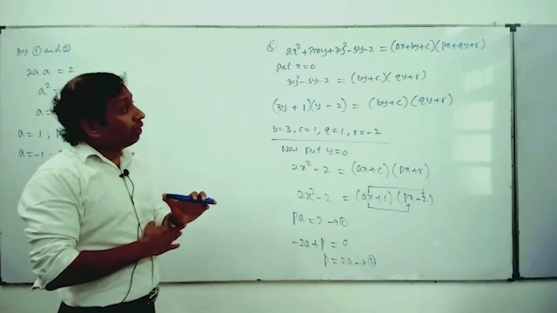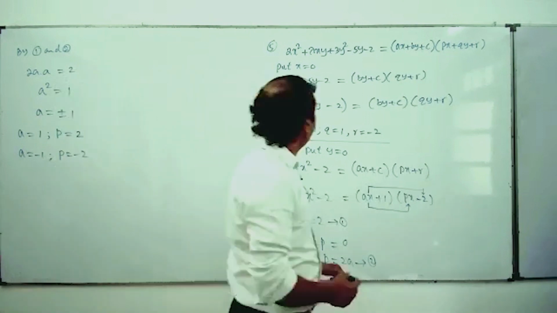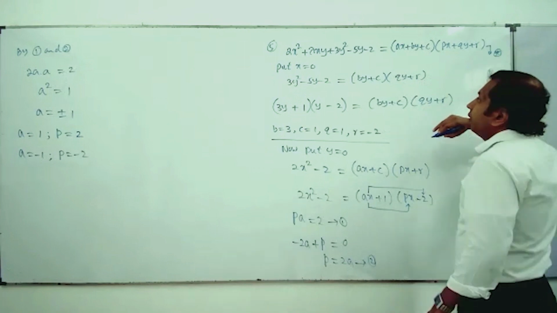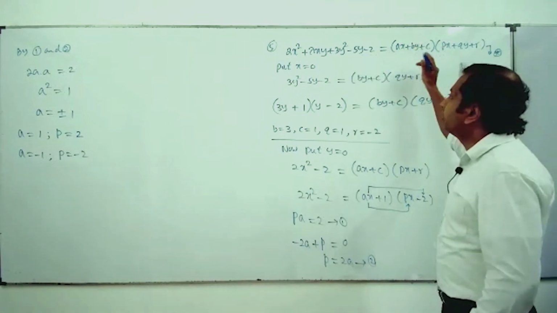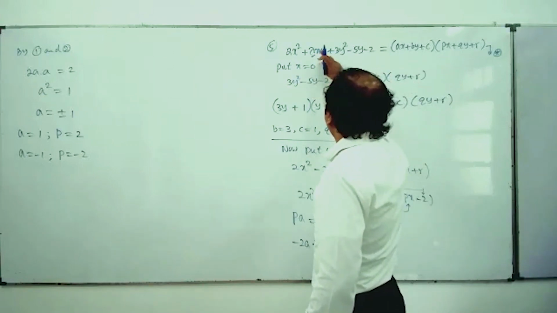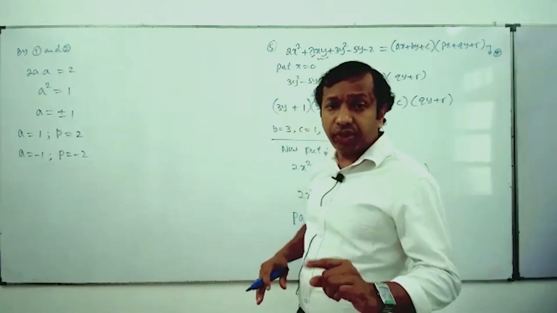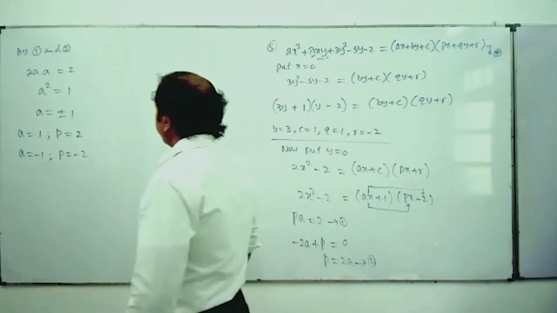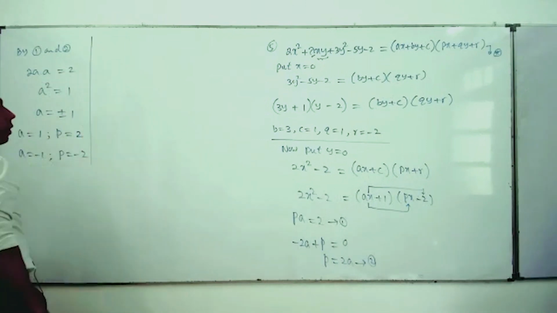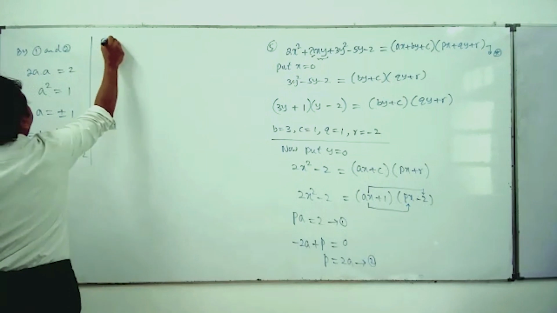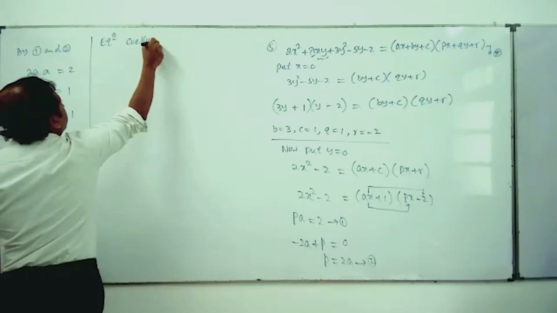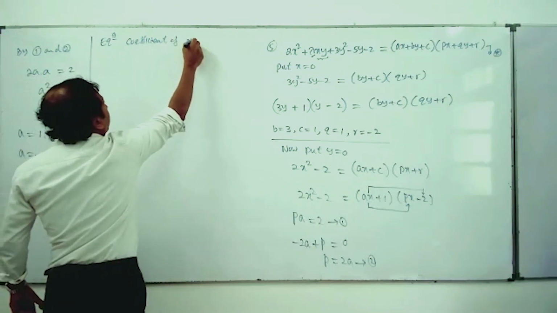But now we have to find lambda. Lambda can be found very easily like this. In this, as star, on left and right, the xy term coefficient is lambda. Left and right, we equate the coefficient of the xy product.